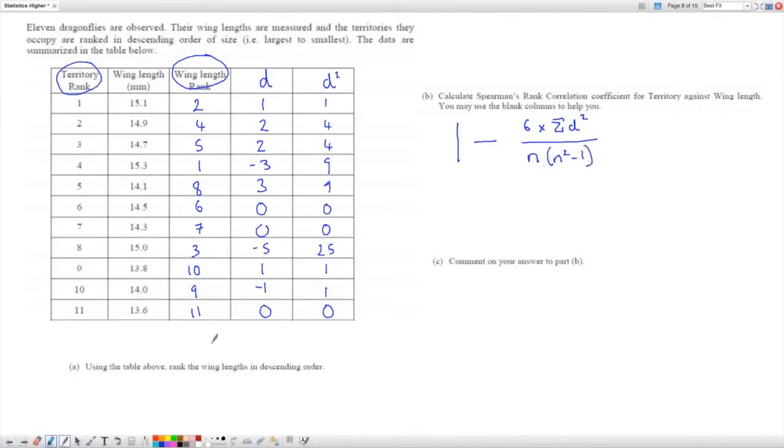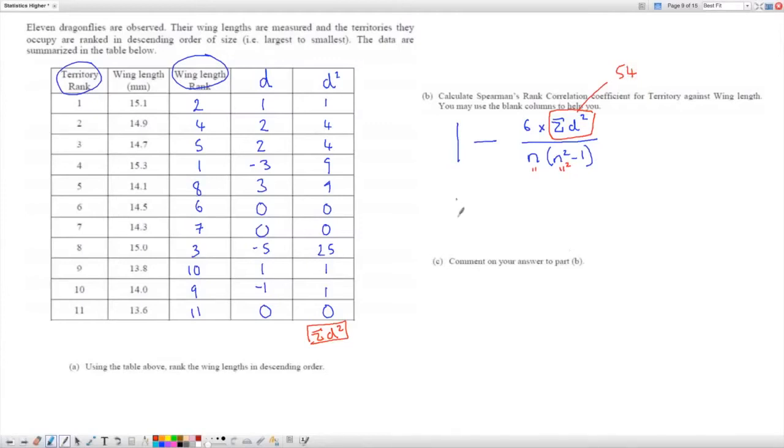So let's take a look at each one of these values. N is the number. We know our total here is 11. So n equals 11. Here we have 11 squared. This part, the sum of d squared, is here from finding our total here. Adding up all of those values, we have 54.